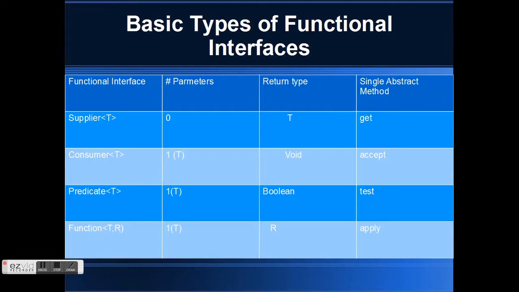So what are the built-in functional interfaces in Java 8? These are all part of the java.util.function package, which is in Java 8. These are built in. Oracle built these in for you. The functional interface right here is Supplier<T>.